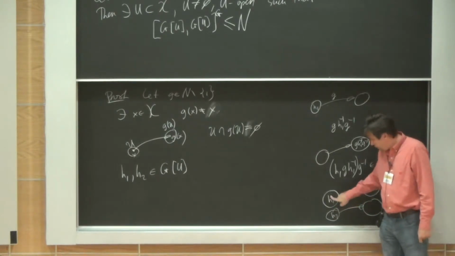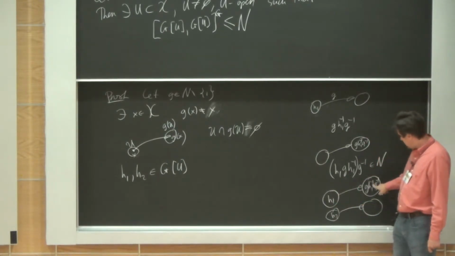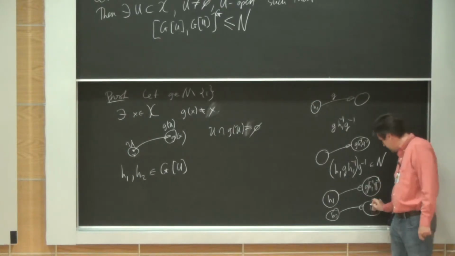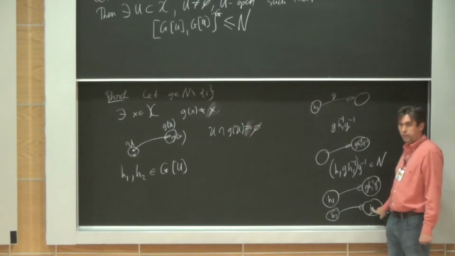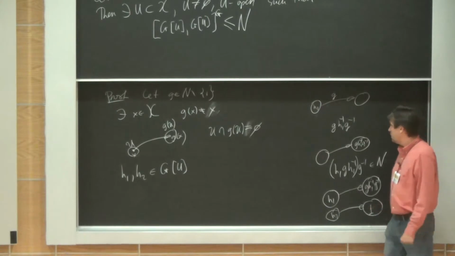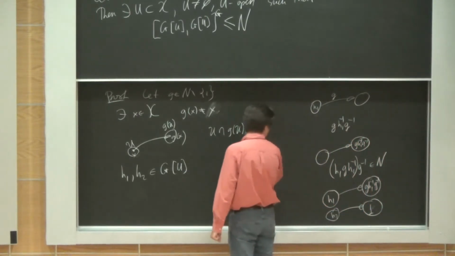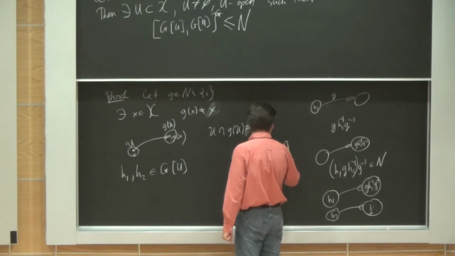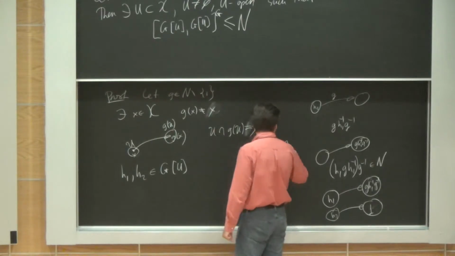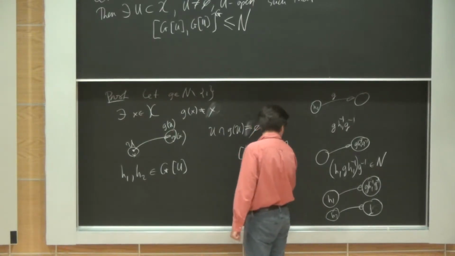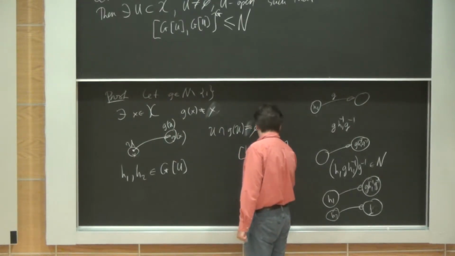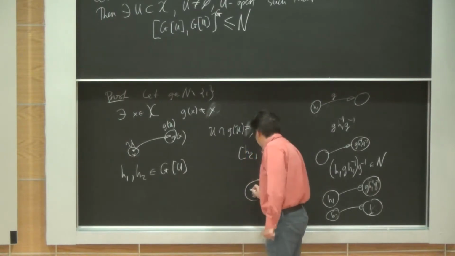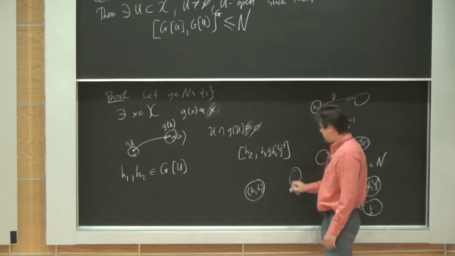It will act only here, but where the other element acts, h2 is the identity, so the commutator will be trivial there. So the commutator of h2 and h1 g h1 inverse g inverse acts here on this part as the commutator of h1 and h2, and identically everywhere else.